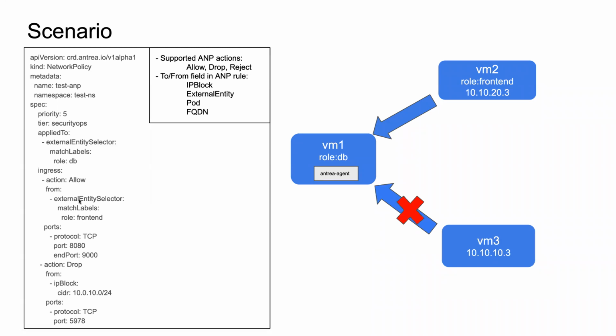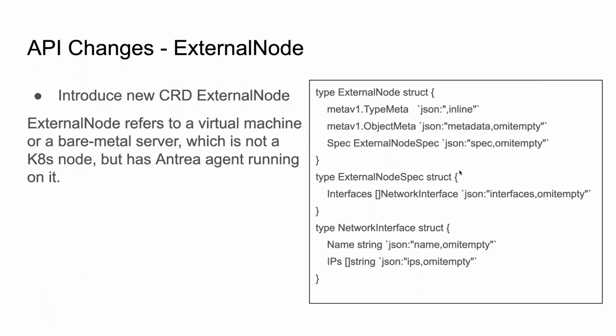And the to and from fields of the ANP rule can be IP block, external entity, and pod, and FQDN for the egress. This is the background information for this feature. If there's no question for this part, I will go through the two API changes we proposed for this feature.